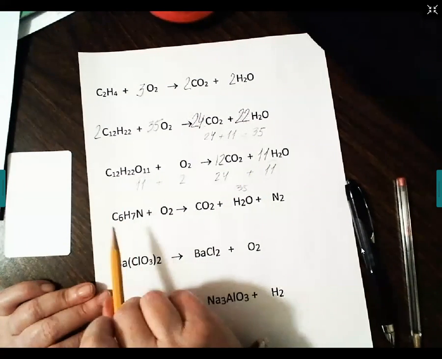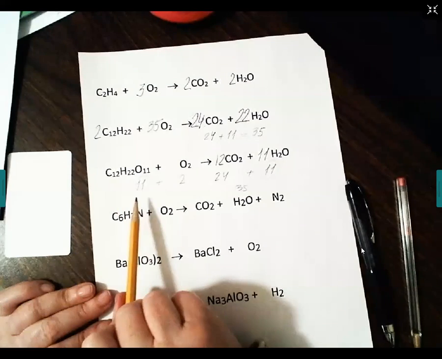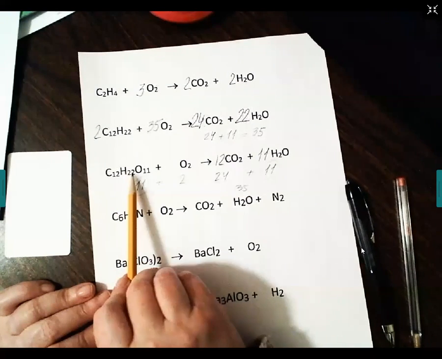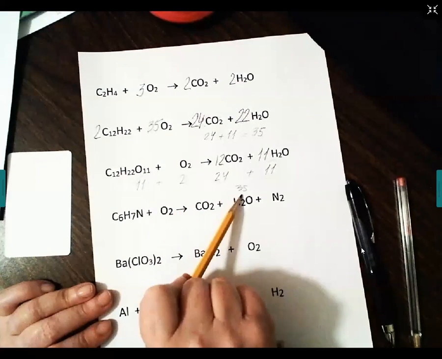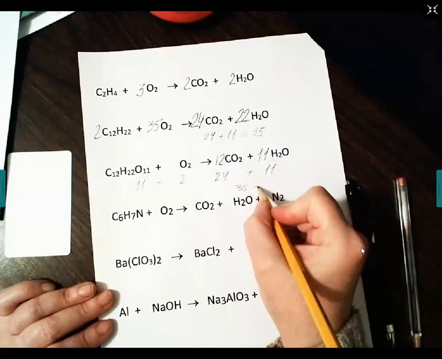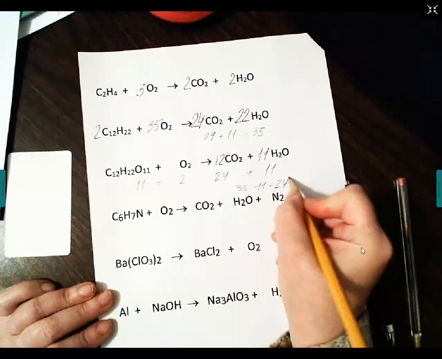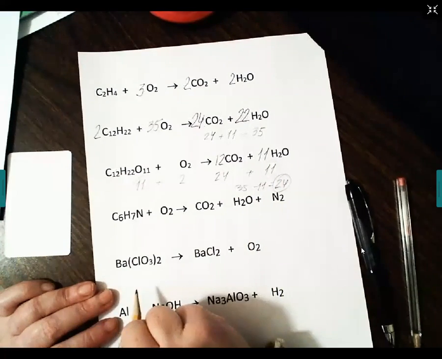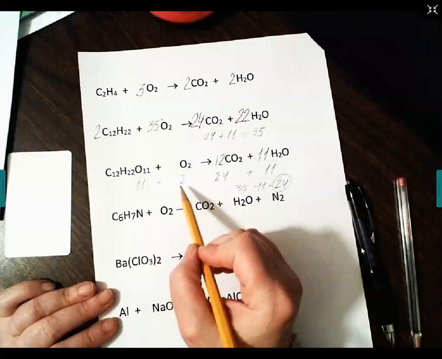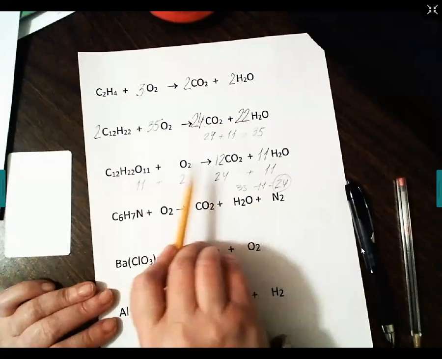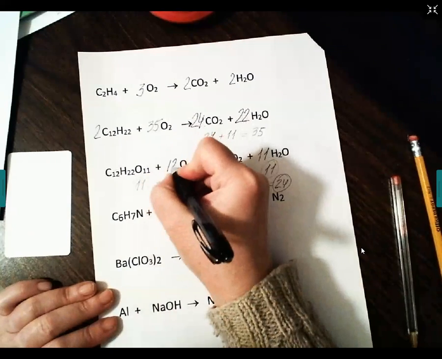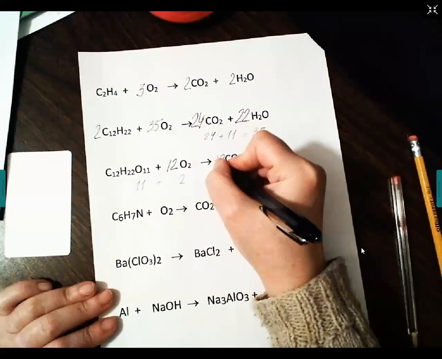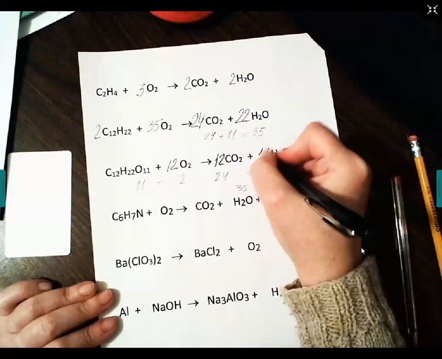So we are not touching this. We should subtract 35 minus 11, and we should only balance 24 oxygen atoms using this O2. 24 divided by 2 will give us 12. And we keep this 12 and this 11.